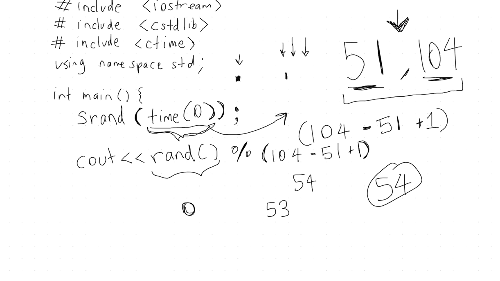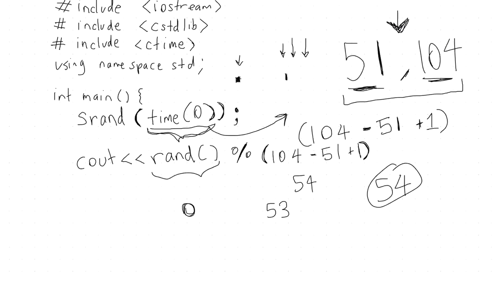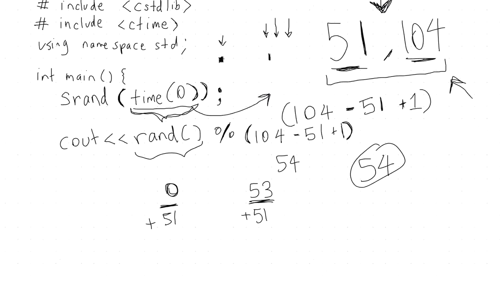So this is still too small to be in the range. You want the smallest and the highest number to be in your range. So whatever number rand mod 54 generates, add on 51. When you add on 51, you're guaranteeing that your number stays between 51 and 104.